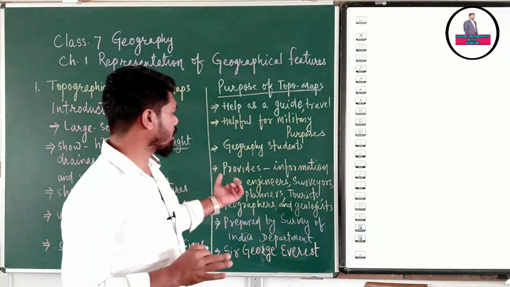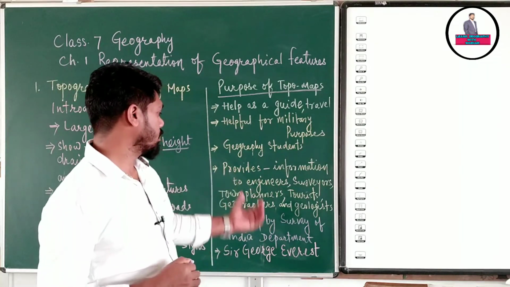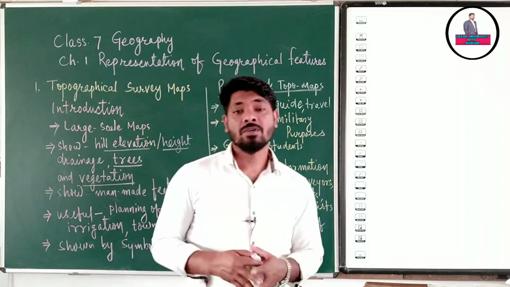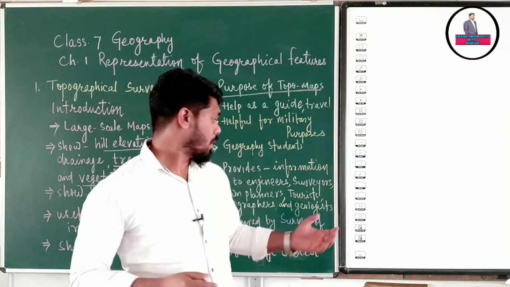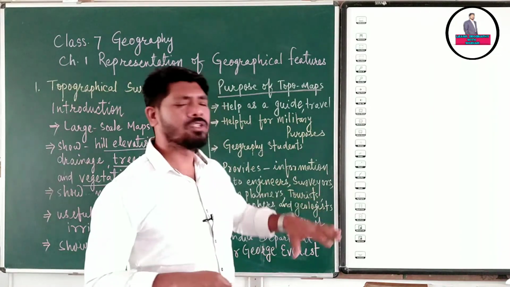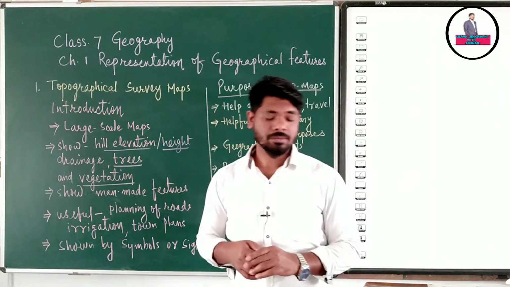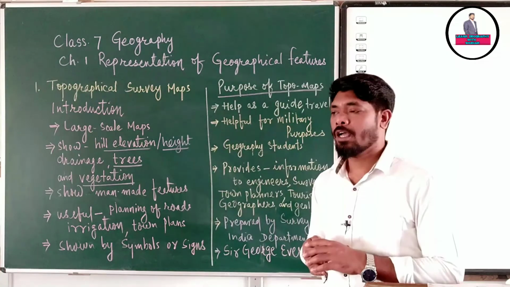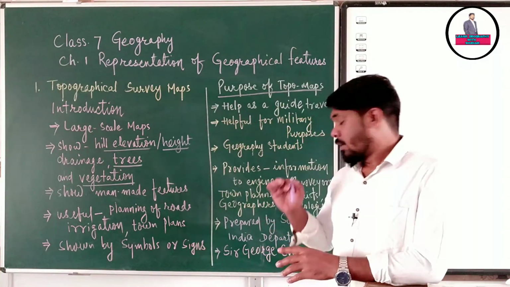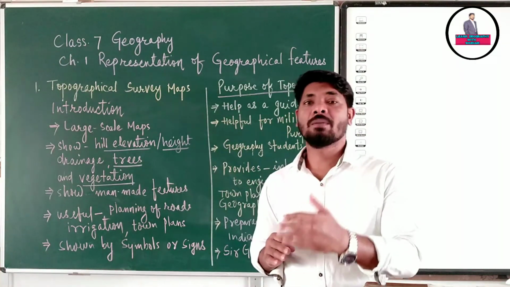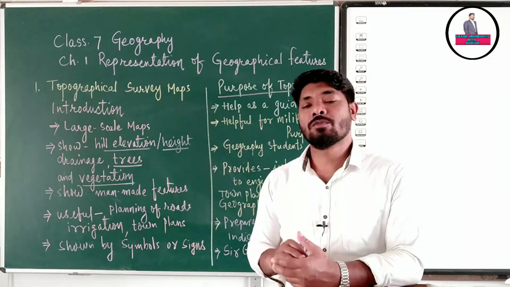It also provides information to engineers, surveyors and geographers, as many details are shown. So in that way it is helpful. Hope you have understood something about the introduction of the topographical map.